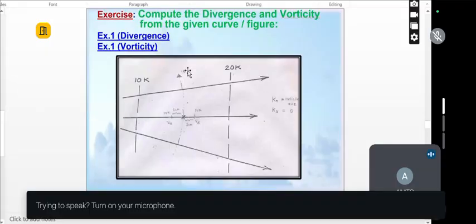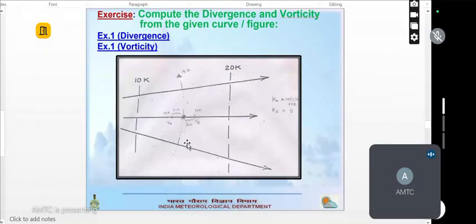In 1 centimeter we have a wind speed, for example, in between we have a speed of 15. Example, 1 centimeter and 16, 1 centimeter is 14. You can assume this is only for examples.